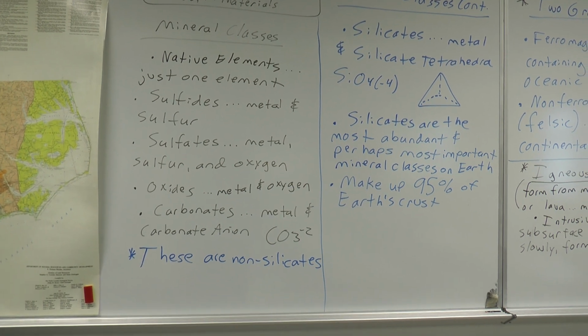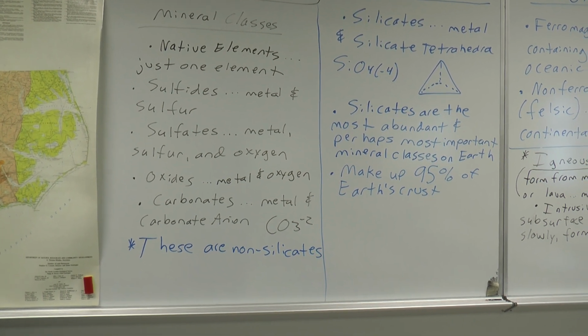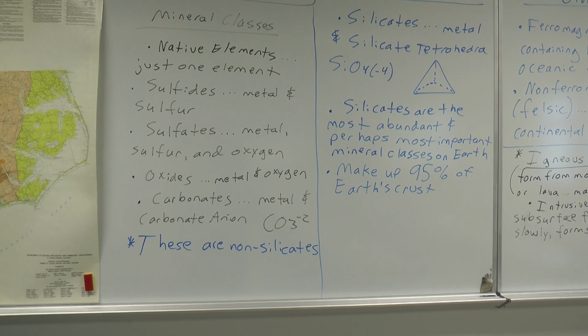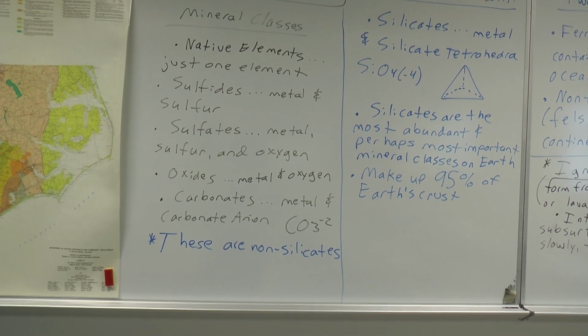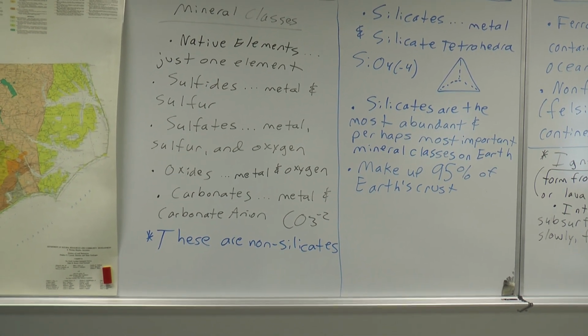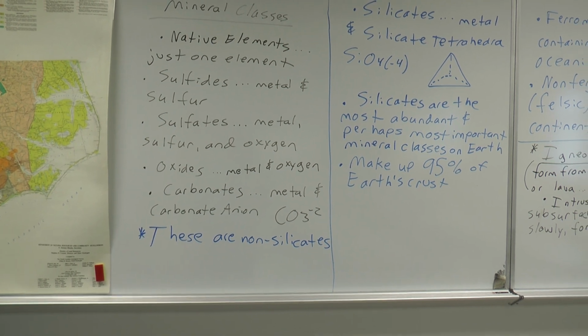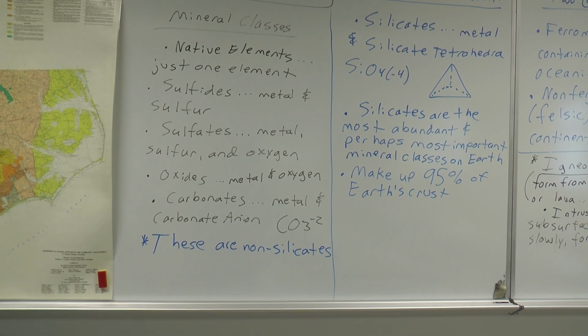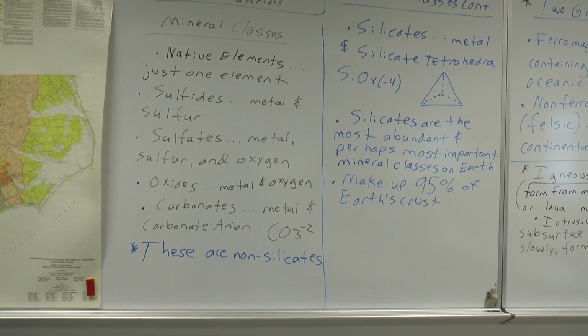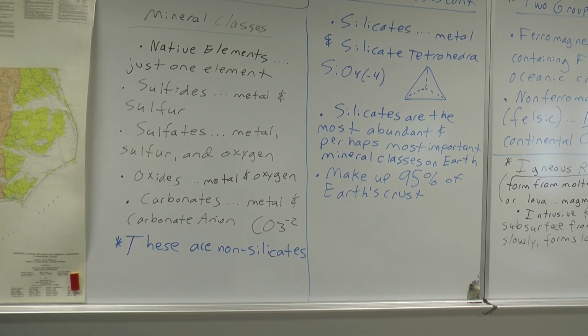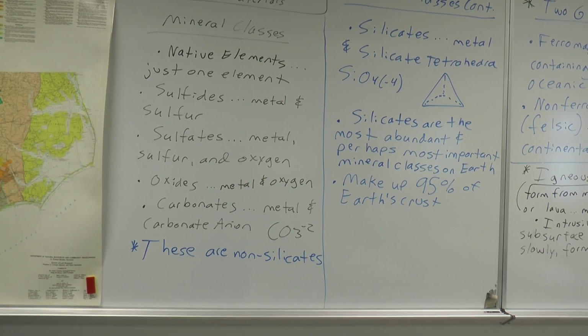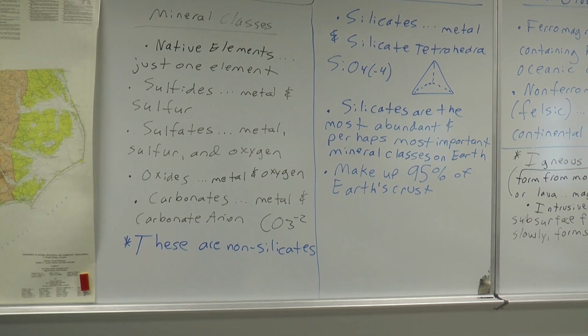Then we have the carbonates, and they're going to be important because they're going to make up limestones. It turns out that not only are many limestones out there fossiliferous, the limestones definitely help us figure out a lot about what has happened in Earth's history before we had humans here to document everything.